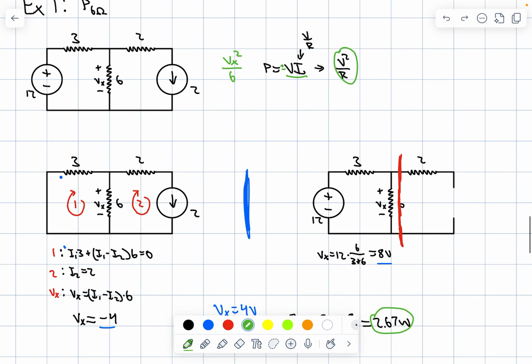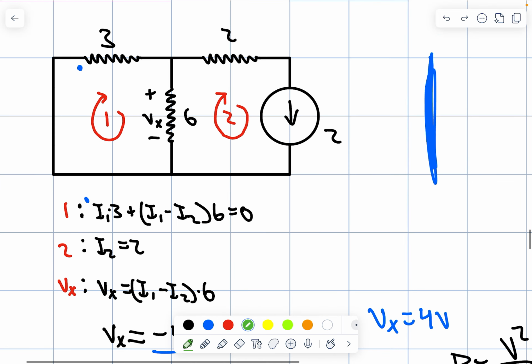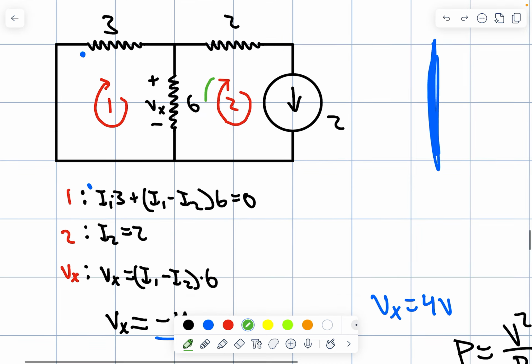So let's do that. Mesh current around loop 1 is I1 across this 3, and nothing going in the wrong direction, and then plus I1 going the right direction, I2 going the wrong direction across 6, and all that has to equal 0. In the right loop, we don't really need to analyze anything because you'll notice I made I2 in the same direction as this 2 amp current source. So I2 is just equal to 2, wrote that in.